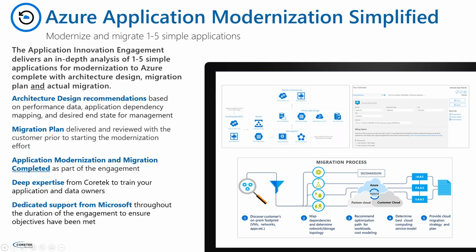And not have to worry about managing infrastructure and patching servers and things like that. So app modernization is a great way to go and a great way to look at it.